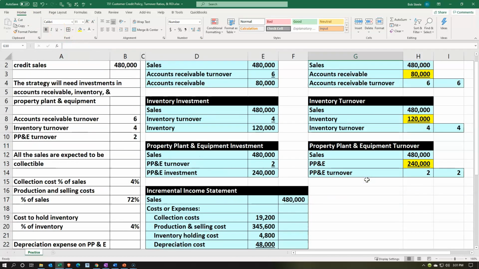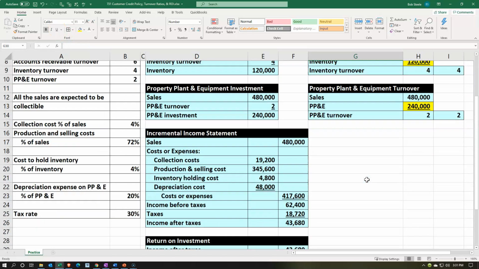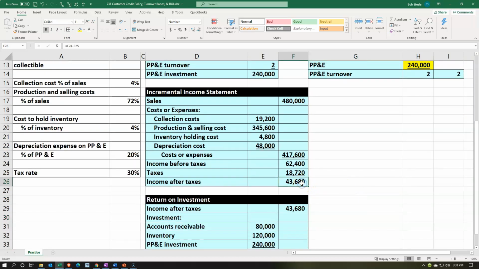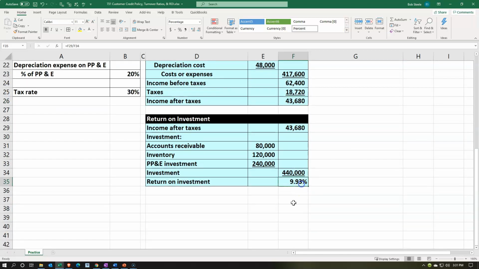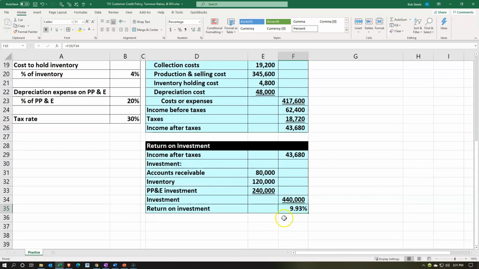So if we work this out, we've kind of figured this out. We're thinking that it could result in income after taxes. If I look at the ROI, we're at the 9.93. Now, we might have a policy saying, hey, it needs to be over a certain threshold, and if we have a threshold where the ROI needs to be over like 8, then it would be good.